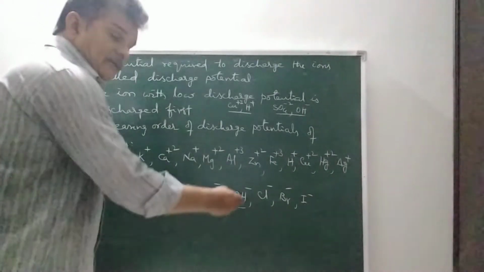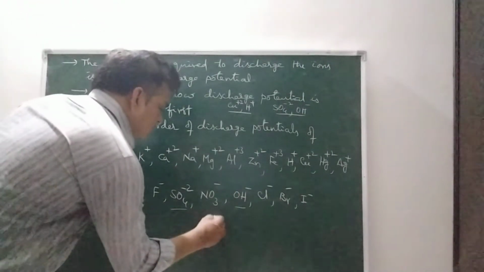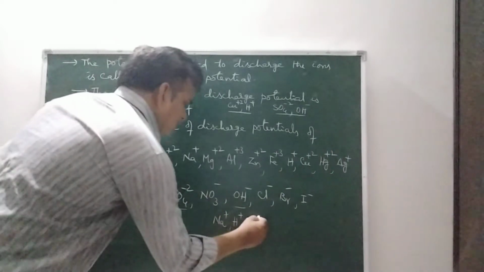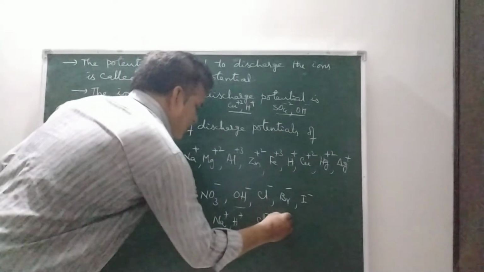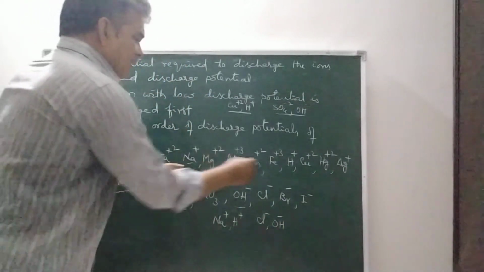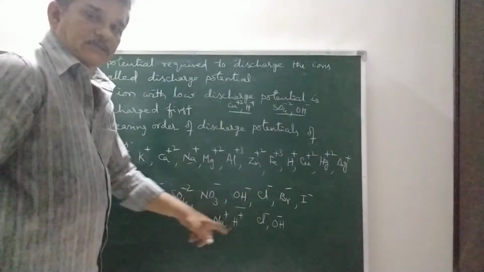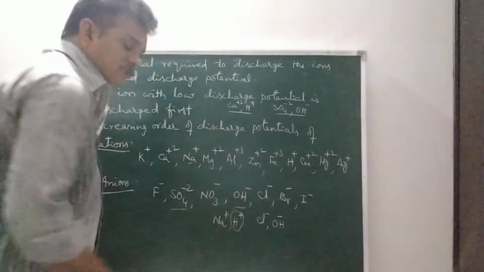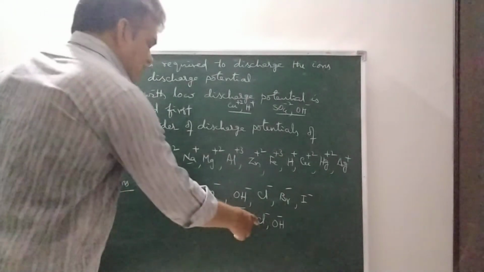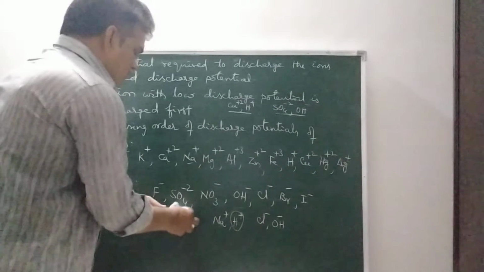In the same way, if we take aqueous NaCl, this we also discussed. So in aqueous solution, which ions are present? Na+ and H+ at the cathode, Cl- and OH- at the anode. In Na+ and H+, which ion has low discharge potential? H+. So H+ is discharged and hydrogen is formed at the cathode. Among Cl- and OH-, which one has low discharge potential?